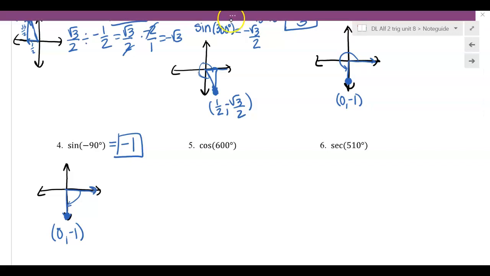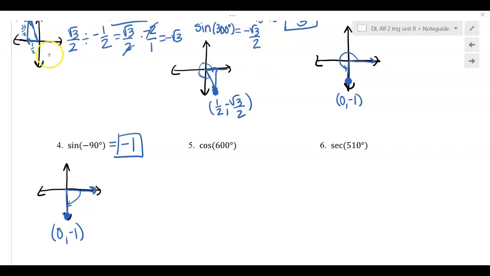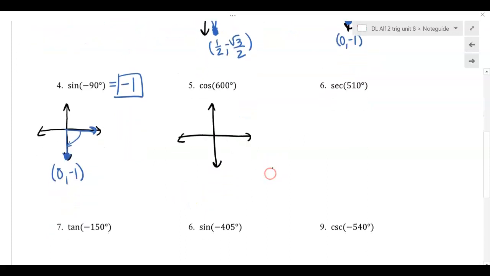For the cosine of 600 degrees, so 600 is a really large number. I can tell by the number that it's more than one time around the circle. So I'm just going to think to myself for a minute, 600 minus 360 leaves me with 240. So 600 is like 360 and another 240.